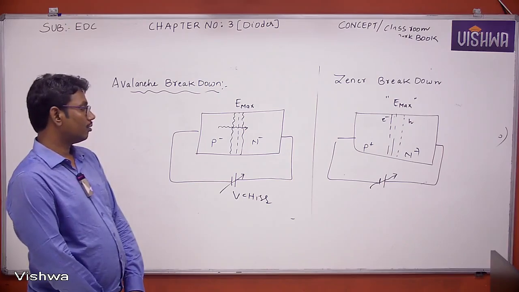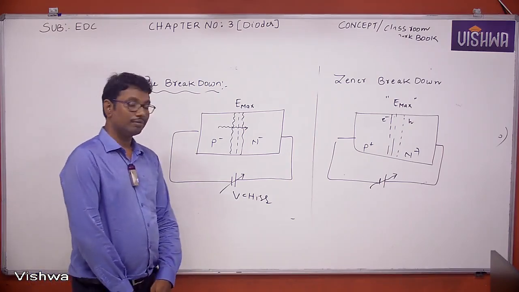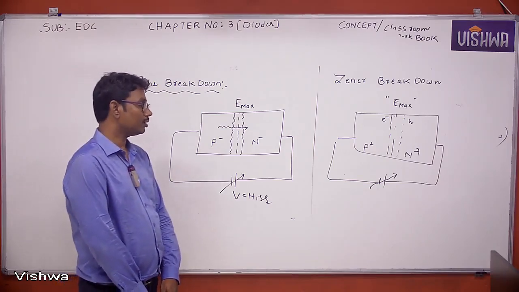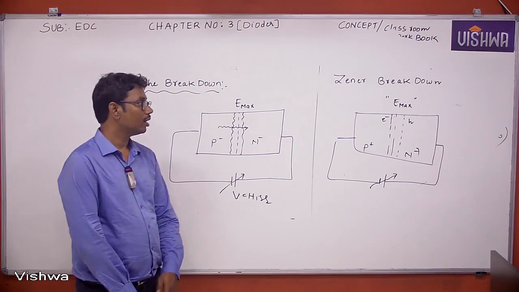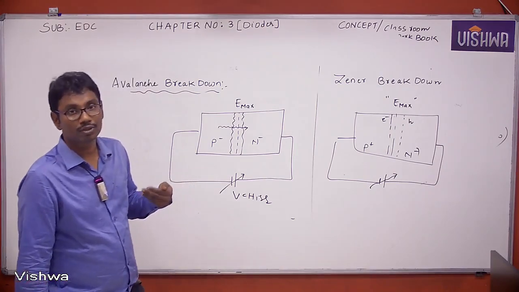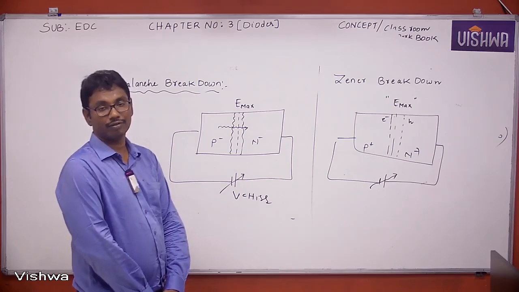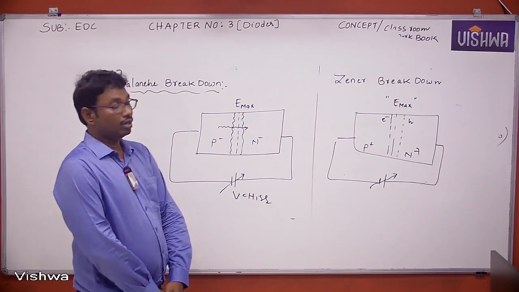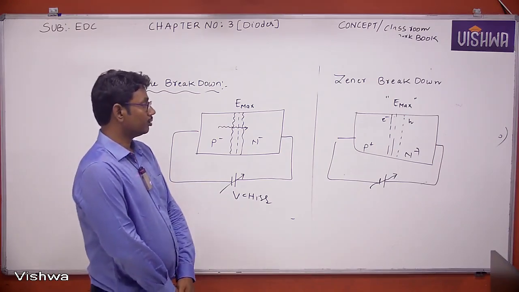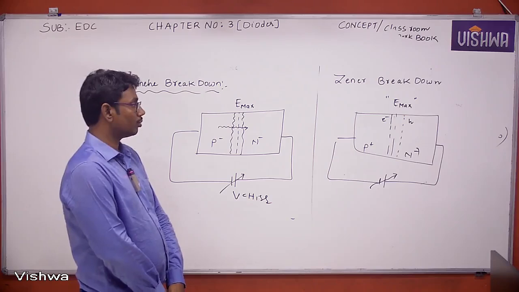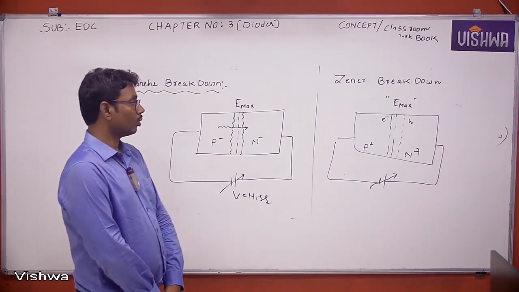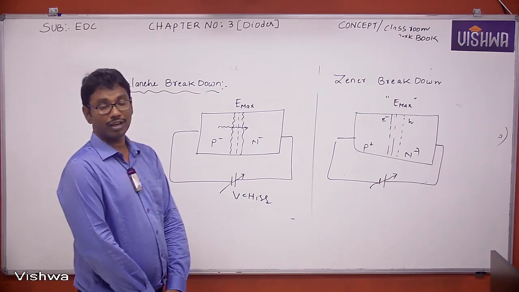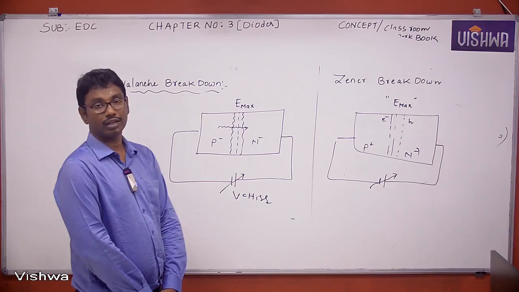Next point: when small and medium voltage is applied, the maximum electric field becomes a strong electric field, due to which covalent bonds can break and produce electron hole pairs.